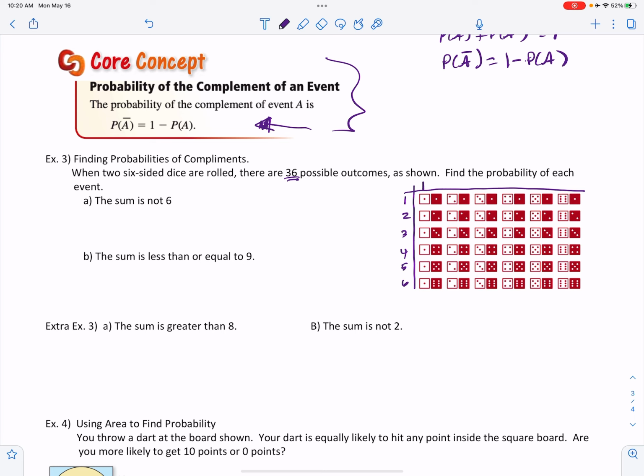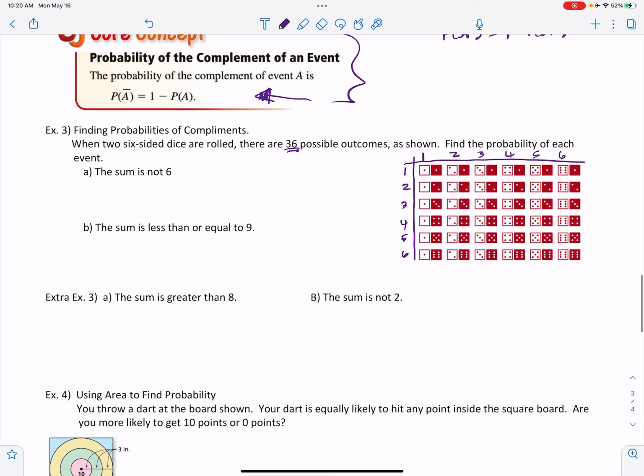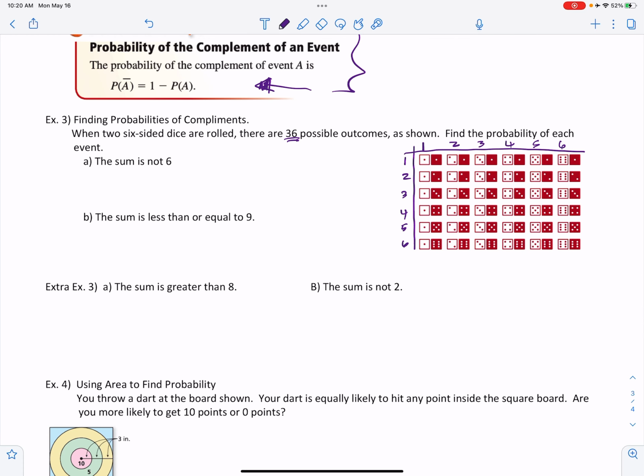Or this is a 2 on the white, or a 3, or a 4, or a 5, or a 6. So they're showing you all the different possible outcomes. You've got 2 different dice that you can tell the difference between, and there are 36 possible outcomes.